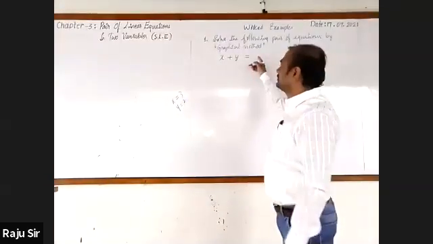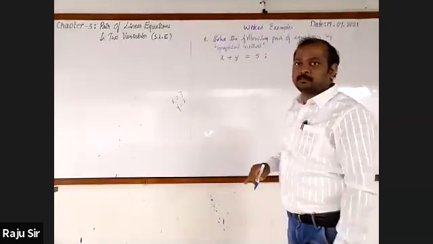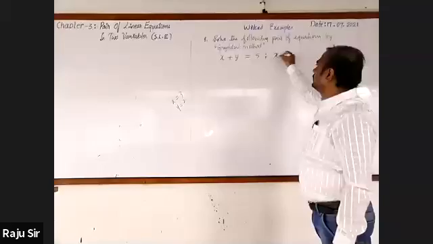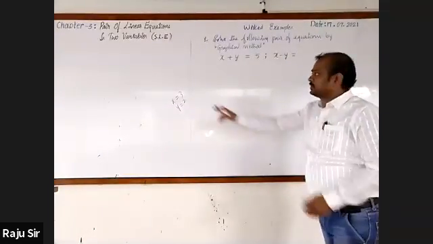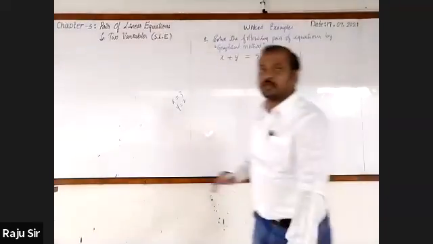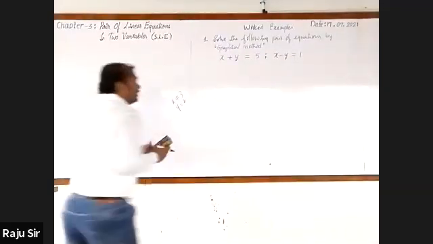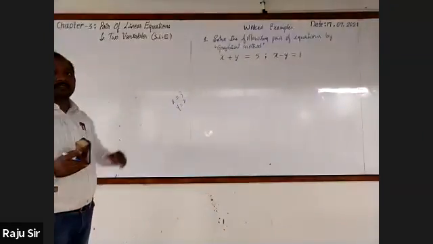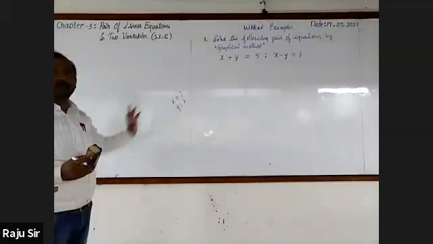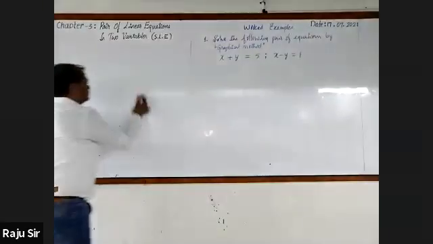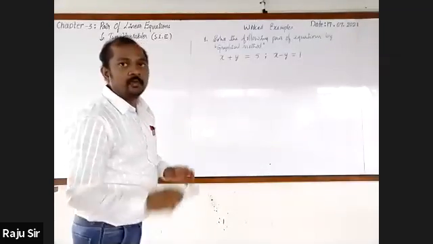Then what is the sum? 5. First equation is x plus y equal to 5. Second equation, x minus y, which is 1. Simply, we have chosen the solution. Even when we solve it by graphical method, our final answer should be x equal to 3 and y equal to 2.